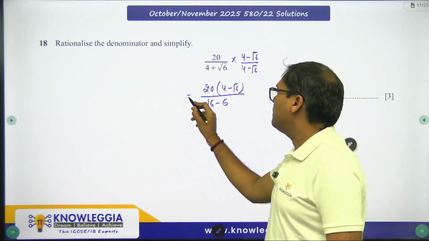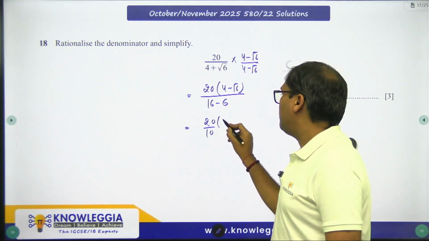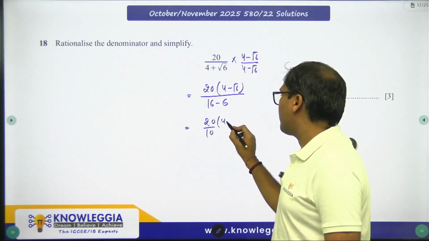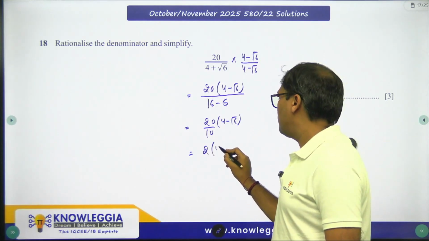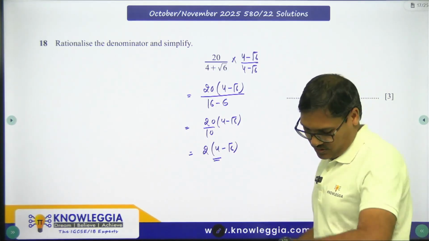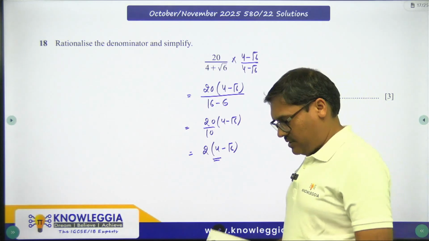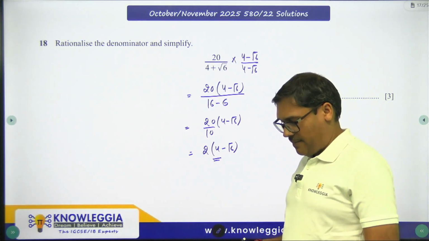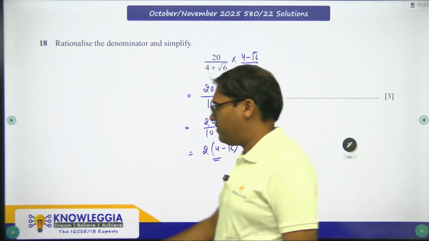So now you can see, this is 20 divided by 10 into (4 minus root 6). And 20 by 10 is 2. So this is 2 into (4 minus root 6). That is the answer to this question. Let's see the 18th question. The answer is 4, and 2 into 4 minus root 6. That is the correct answer.